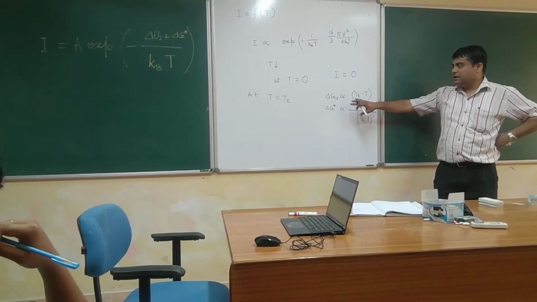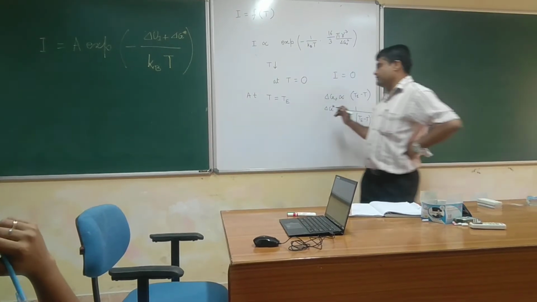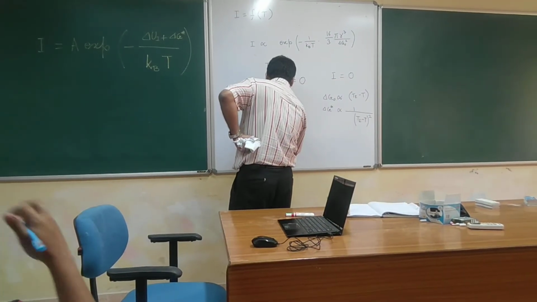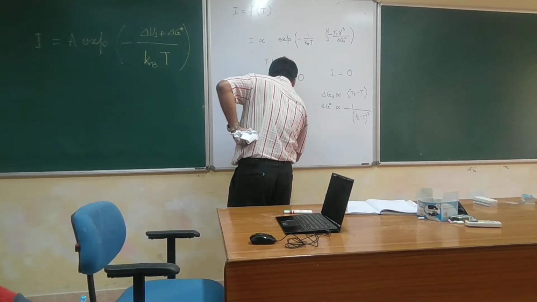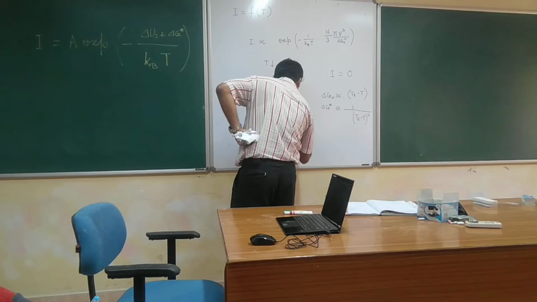So at T equal to TE, your delta GV is equal to 0, and delta G star is equal to infinity.